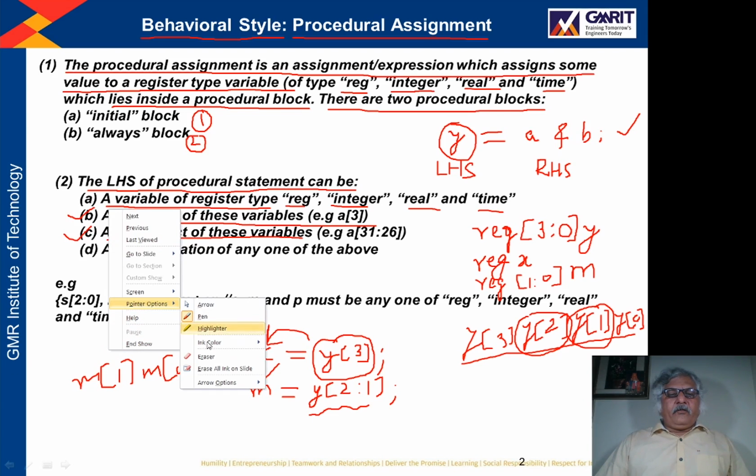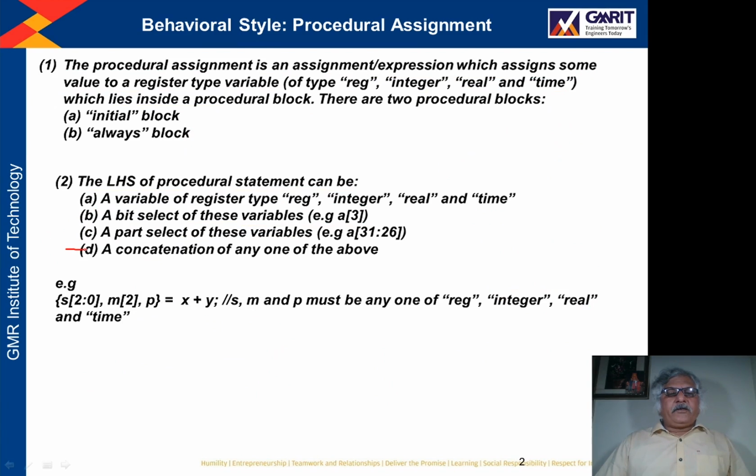Now this D point, a concatenation of any one of the above. So concatenation is also possible in the left hand side. See the example, S 2 colon 0, comma m2, comma p. So this is in the left hand side of the equal to expression. So these will be concatenated now. What will you get after the concatenation?